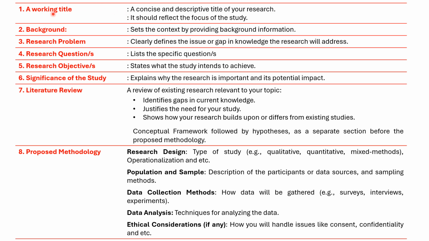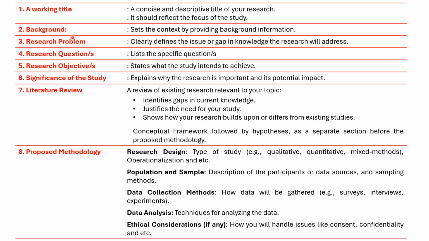So once you write down your working title, then you need to write the background of your study. Here it simply says it sets the context by providing background information. Here, you are going to write the importance of your research. The next topic is the research problem, but I want to tell it at this moment.